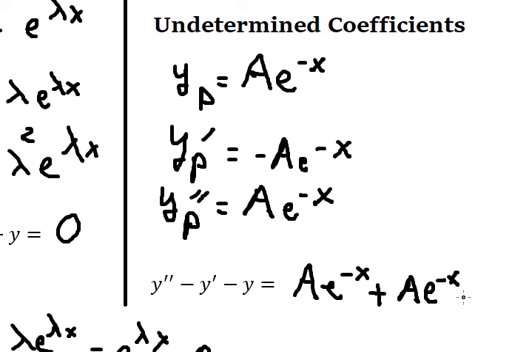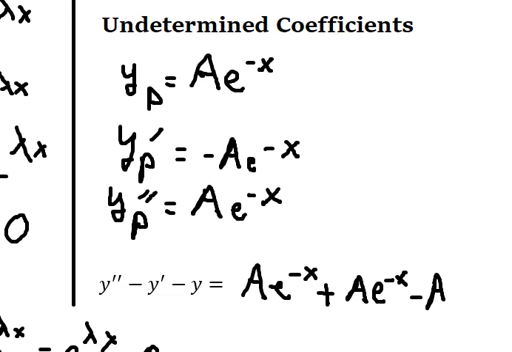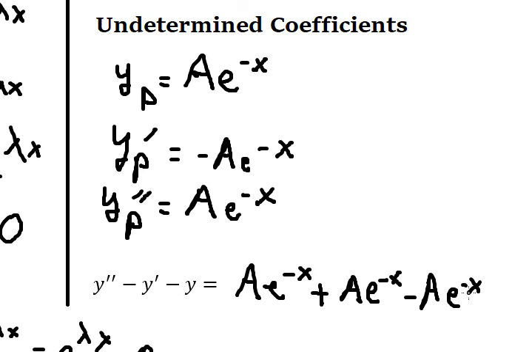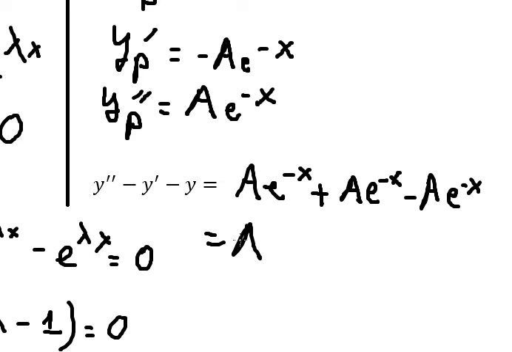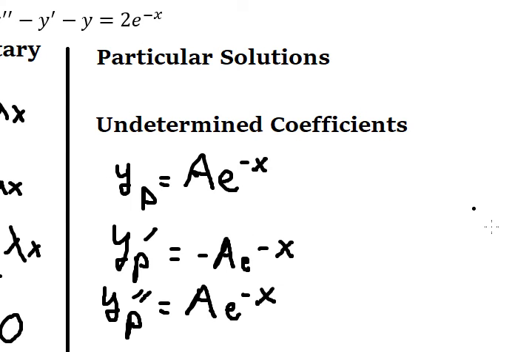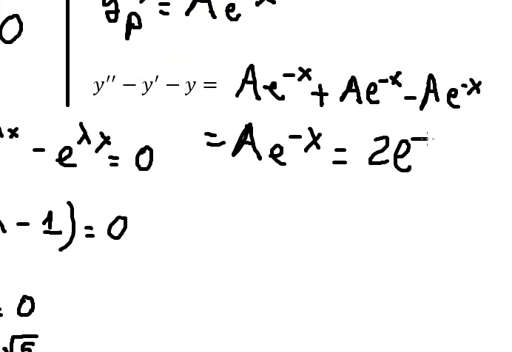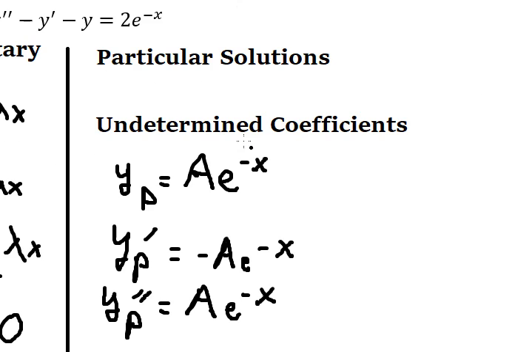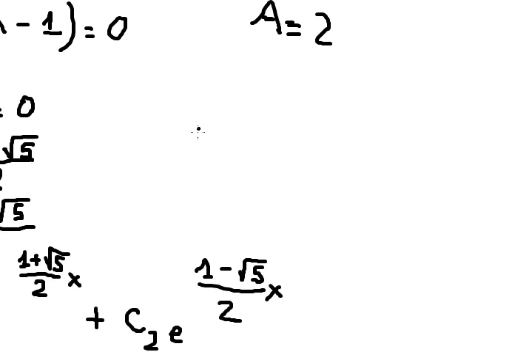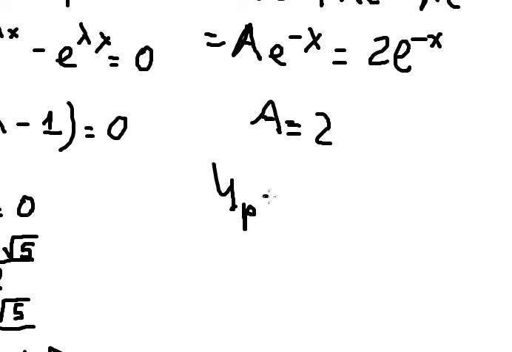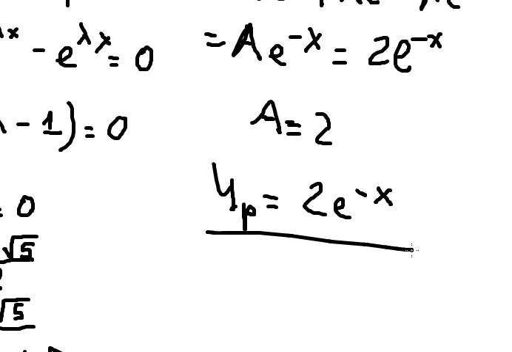So this one we have negative. So we simplify, and this one equals this one. So 8 equals 2. So we put 2 in here. And this is the first way.